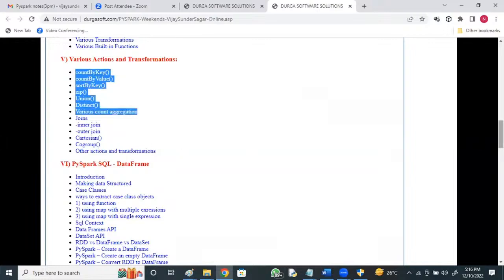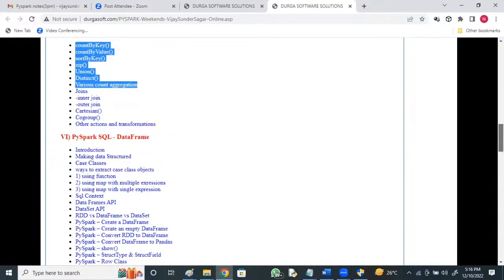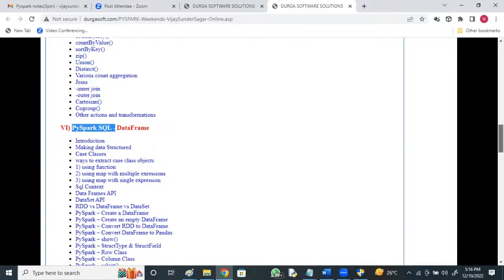And the major advantage we see in PySpark is the data frames. PySpark SQL, the most used in PySpark, is data frames. Previously RDDs were used a lot, but now data frames are used a lot. Making the data structured and using map and multiple expressions.